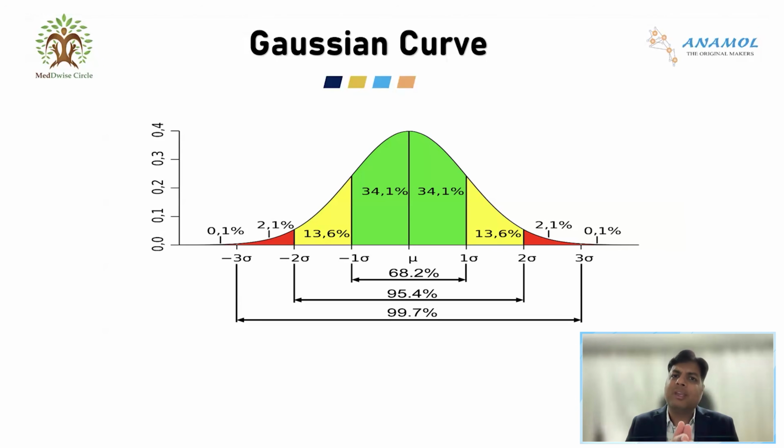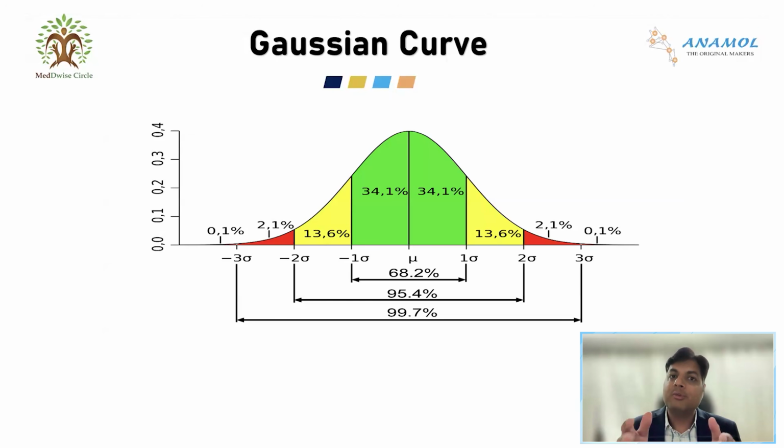Again, I will calculate the mean and the standard deviation. I will observe the same phenomenon: from the mean, 68% of the females will have hemoglobin values between plus minus 1 SD, and 95% of the females will have hemoglobin values between plus minus 2 SD.